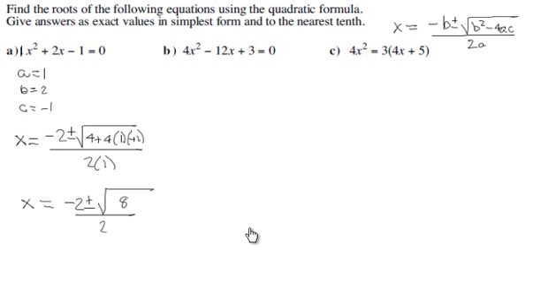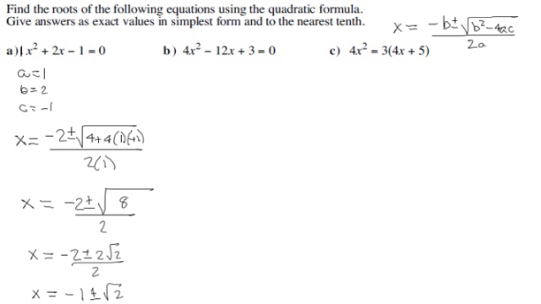Now, root 8, I'm going to do this compactly because I'm running out of space, is the same as 2 root 2. And this is lucky. Both of these in the numerator are divisible by 2. So we can say negative 2 divided by 2 makes negative 1, plus or minus, and then 2 root 2 divided by 2 makes just root 2. There's the simplest forms.